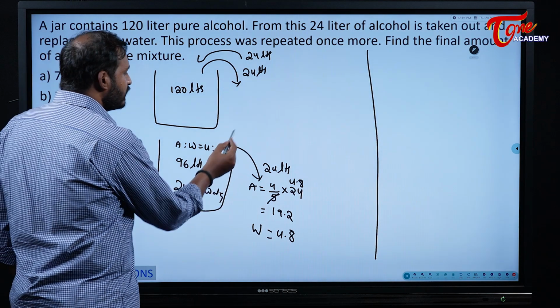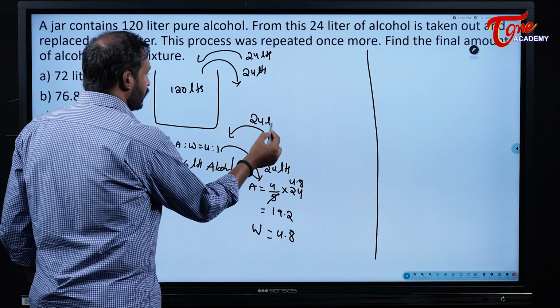Now to this we are adding 24 liters of water.